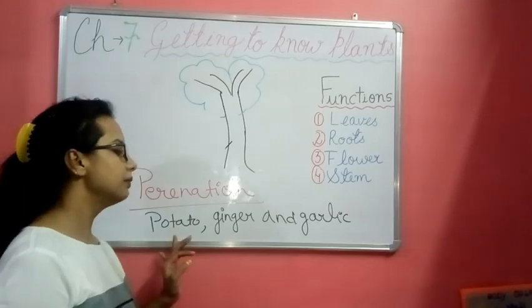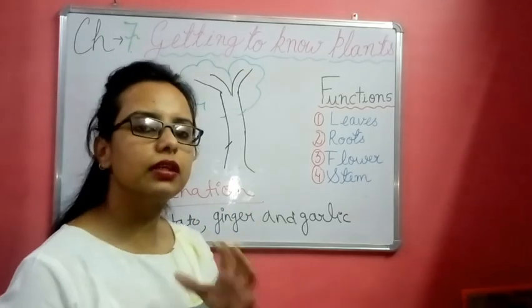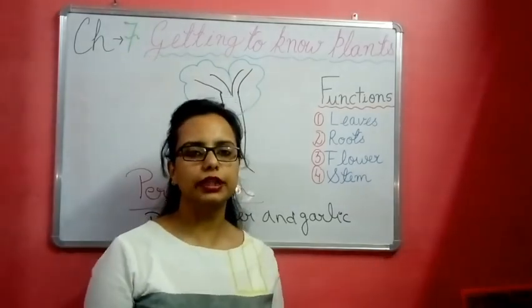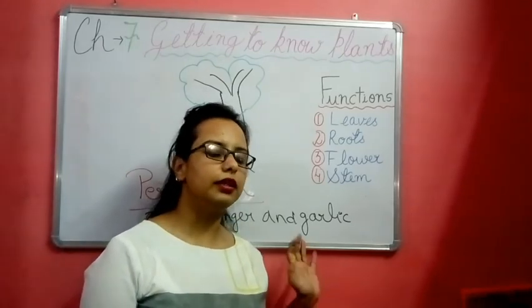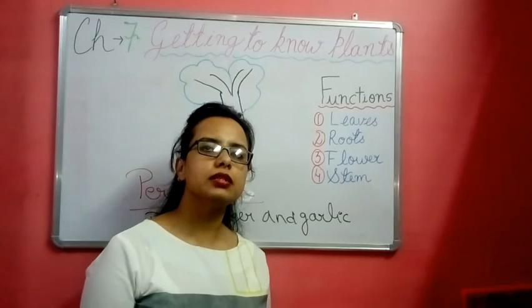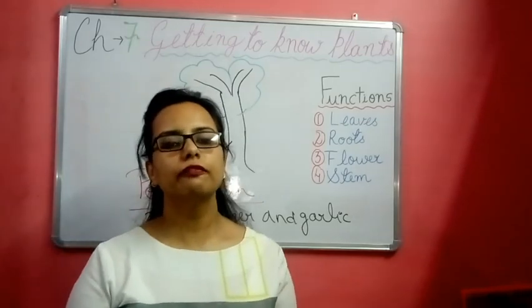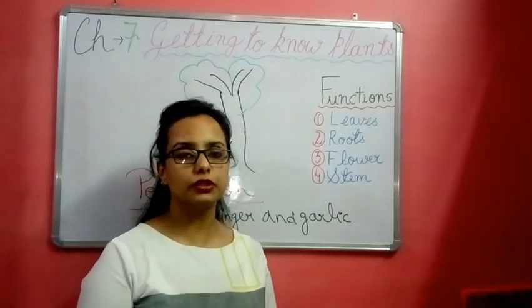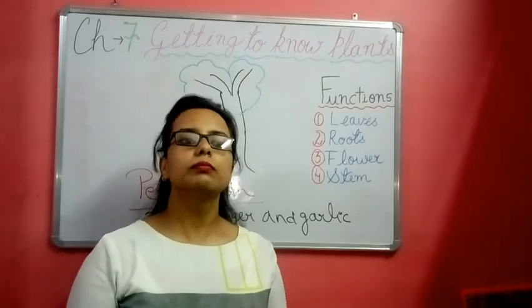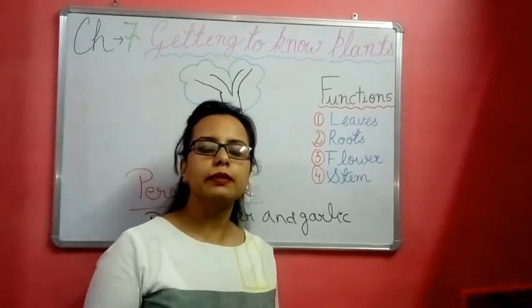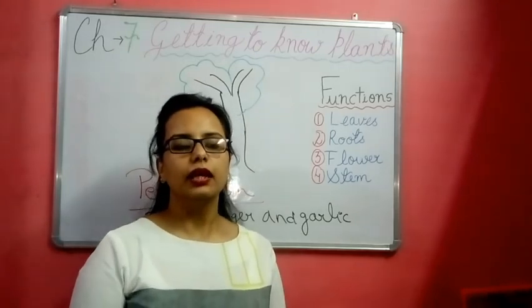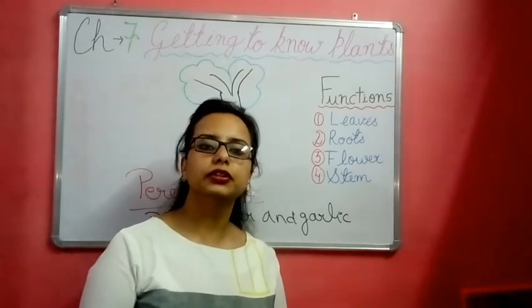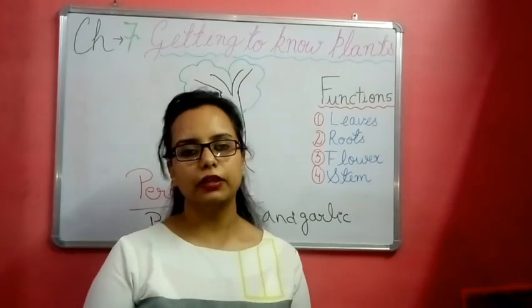Okay, perennation means it helps the plant survive in specific climatic conditions. So the definition of perennation is the ability of the organism, especially plants, to survive different seasons, especially the climatic conditions of drought and winter.